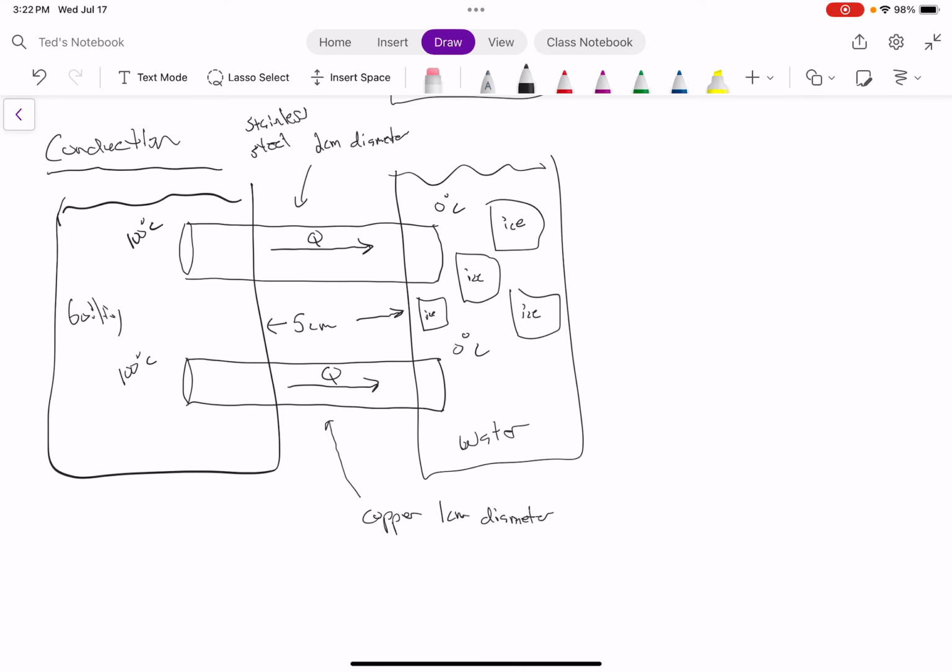So the example I want to have is we've got two pots of water. The one on the left is boiling, so it's 100 degrees Celsius. The one on the right is a mix of ice and water, so it's 0 degrees Celsius.